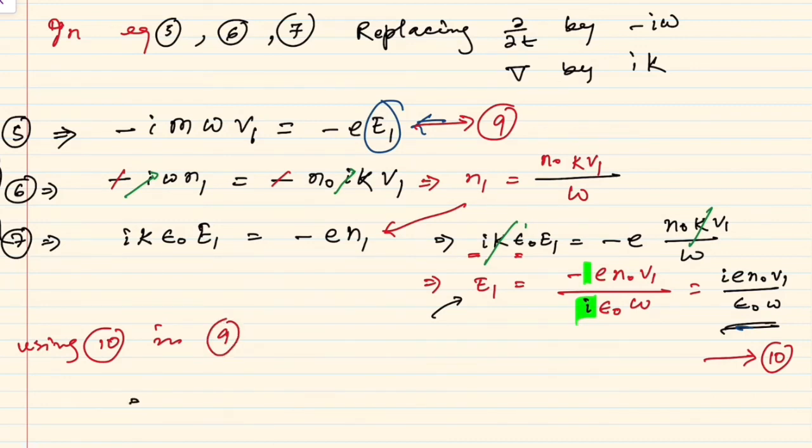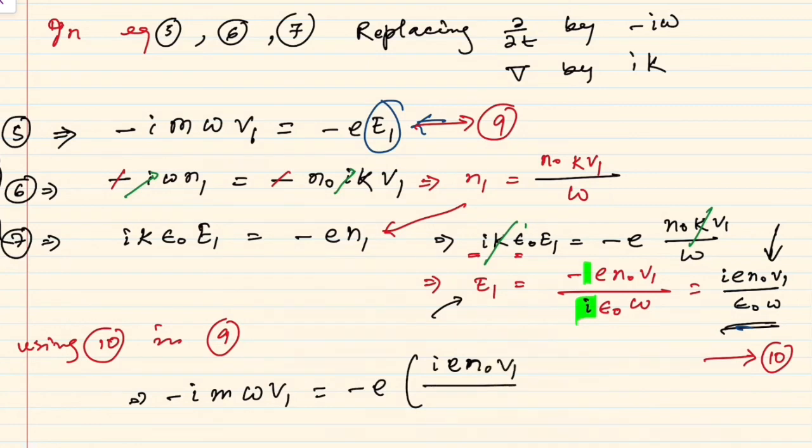We will get minus i m ω v1 is equal to minus e, and instead of E1 we will put i e n0 v1 by ε0 ω.